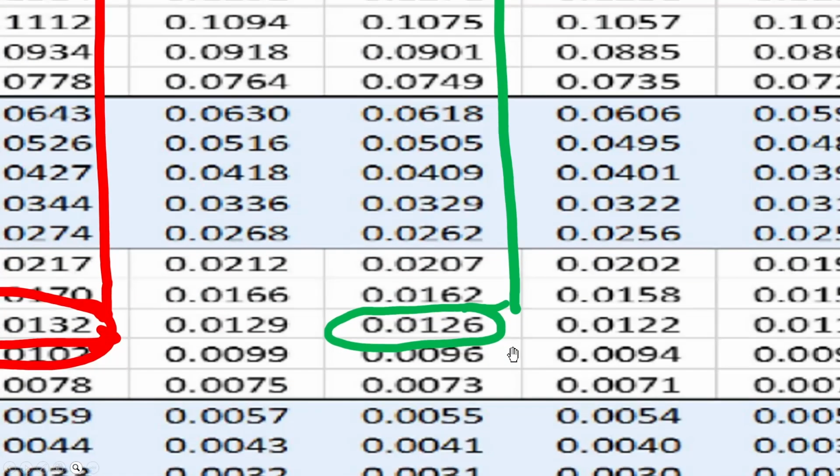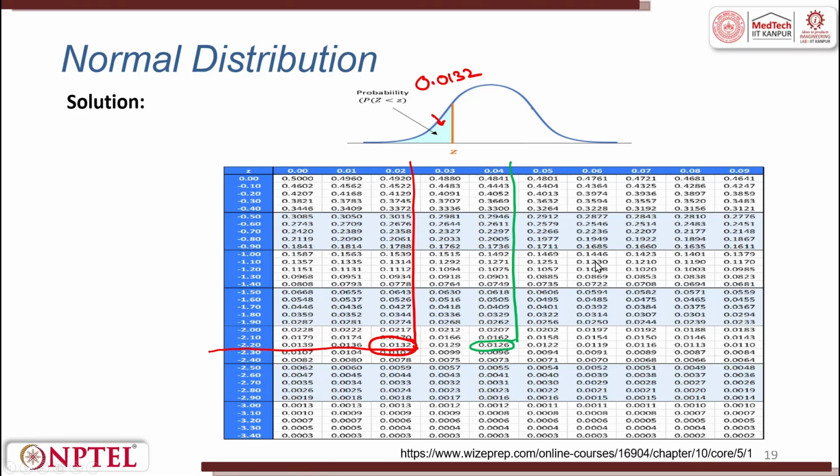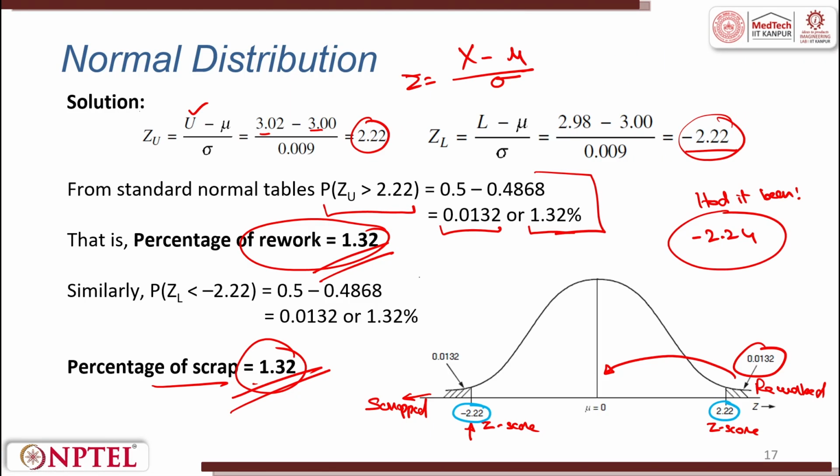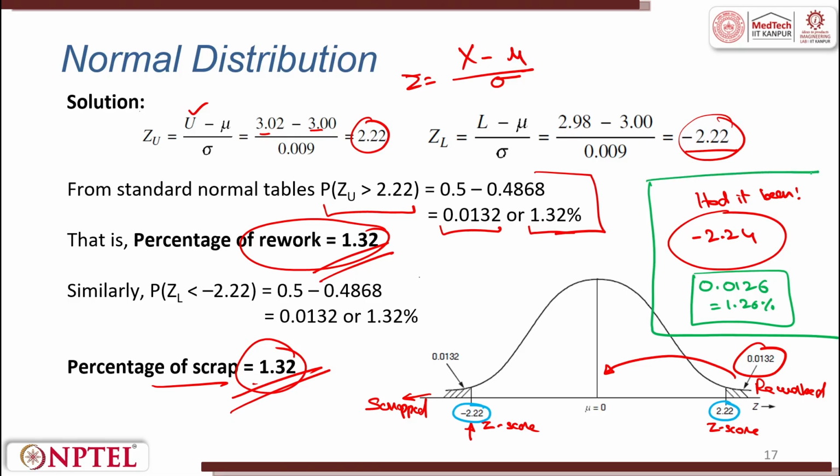This value would have come. So, in that case, this would have been 0.0126, which is equal to 1.26%. This is just a separate note I have given.